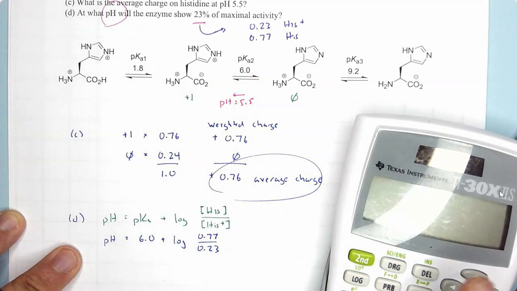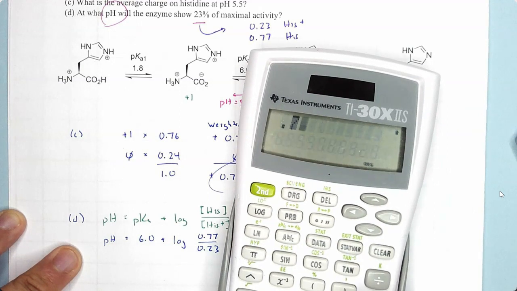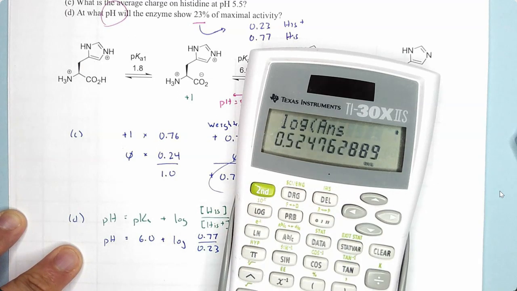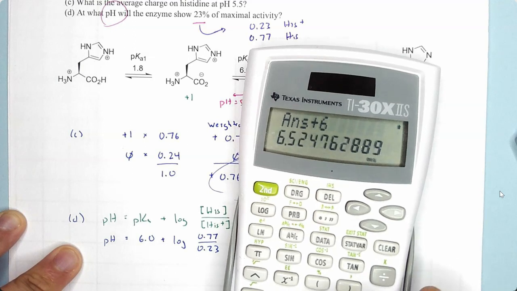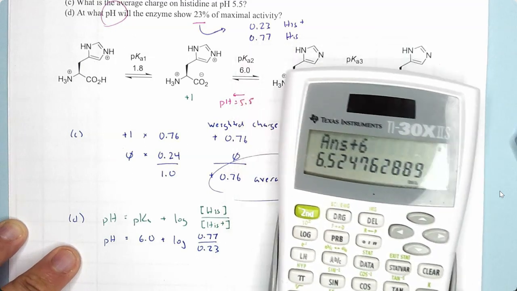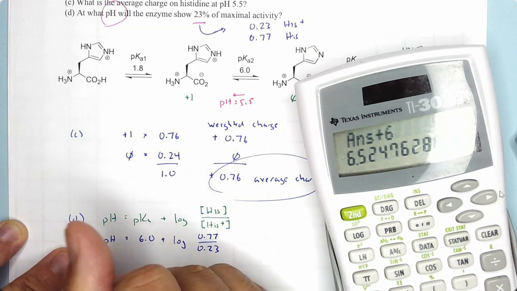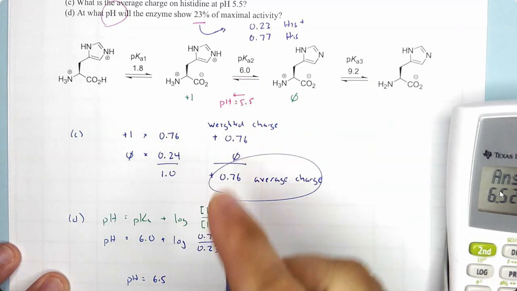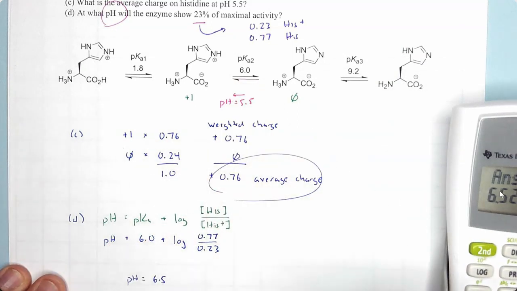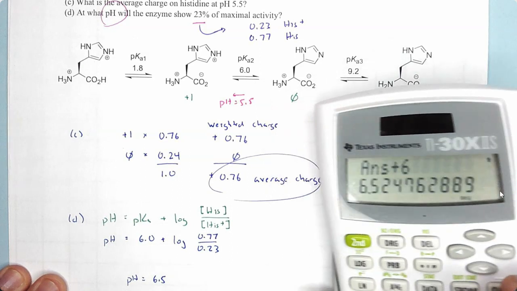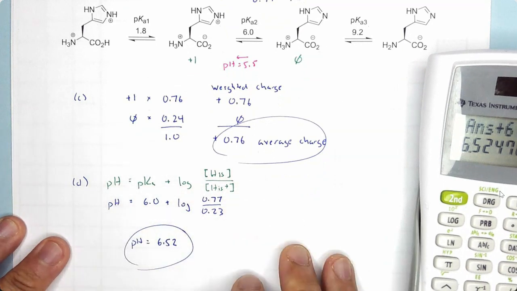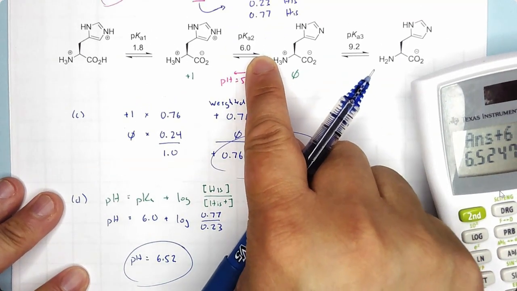It's going to be on the basic side. 0.77 divided by 0.23, log of that answer, plus 6. The pH is 6.5. And that makes sense. It's above 6.0. Circle your answer. Let's give another digit actually: 6.52. And that makes sense again, because it's on the basic side of this pKa.